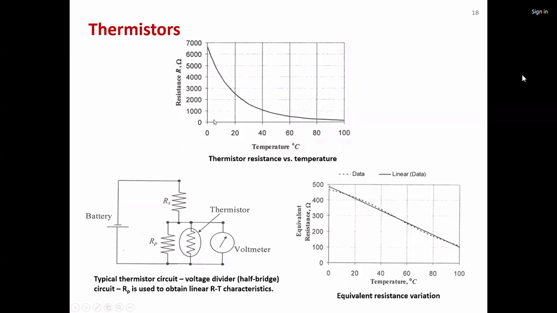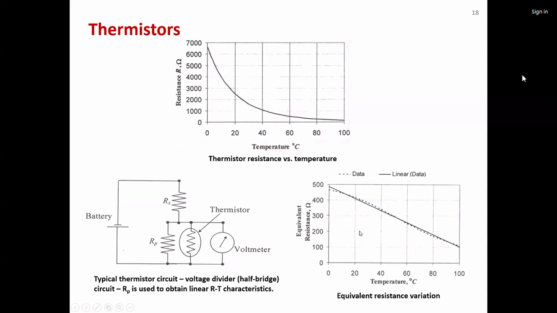So you find an equivalent resistance for this, so that you get the equivalent resistance to be a linear function of temperature. So basically you have to design the RP such that it compensates for the nonlinearity.